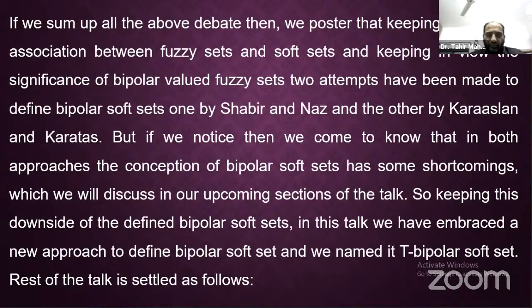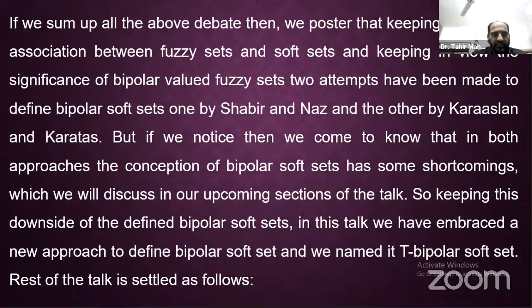But if we notice, we come to know that in both approaches, the conception of bipolar soft sets has some shortcomings, which we will discuss in the upcoming sections of the talk. So keeping this downside of the defined bipolar soft sets in view, in this talk we have embraced a new approach to define bipolar soft sets and we named it T bipolar soft sets.